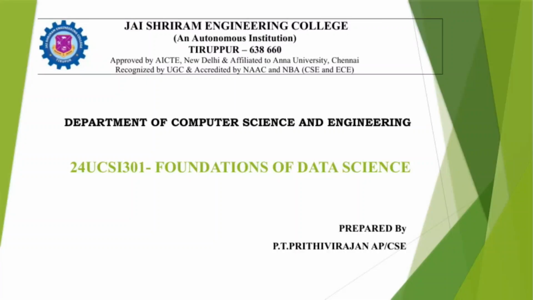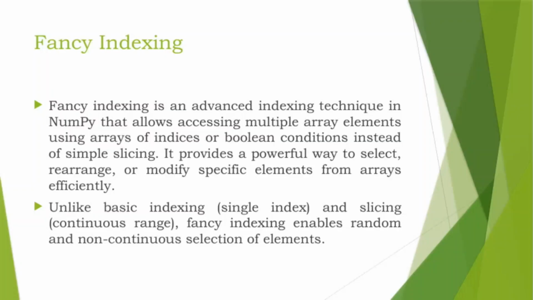Today we are going to discuss an important concept in NumPy called fancy indexing. Fancy indexing is an advanced indexing technique in the NumPy library that allows users to access, rearrange, or modify multiple elements of an array using arrays or lists of indexes instead of simple integer positions or slices.